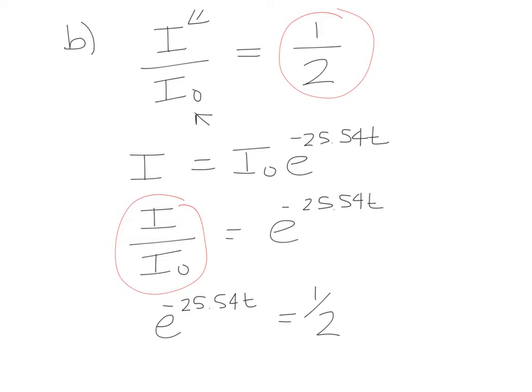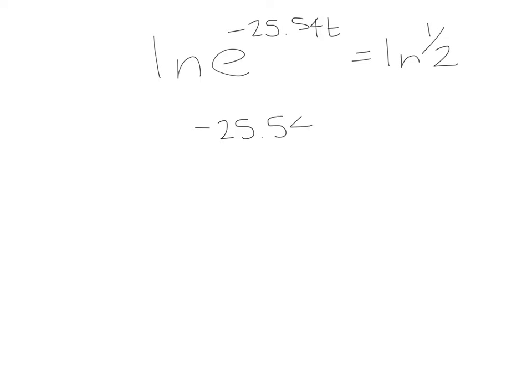And again, we have to take the natural logs to be able to continue on and solve this. So we'll do that in the next slide. So we have ln e to the minus 25.54t equal to ln a half, or you could be writing 0.5 there. That will leave us on the left hand side with 25.54t equal to ln a half.